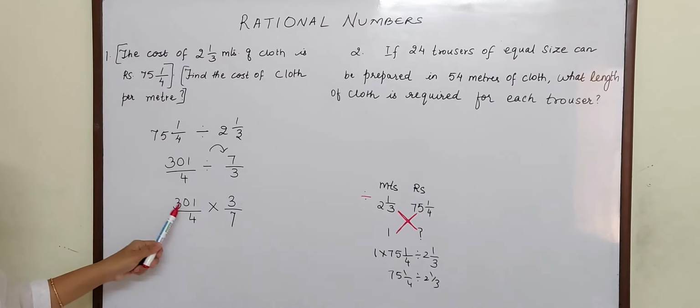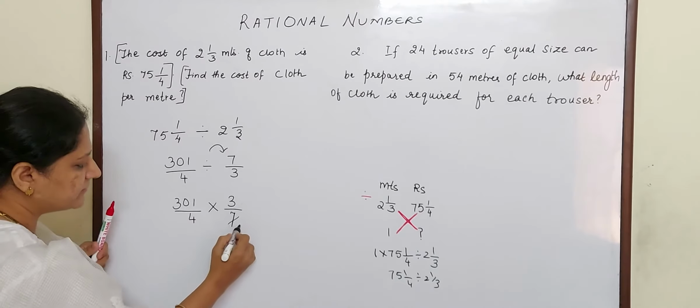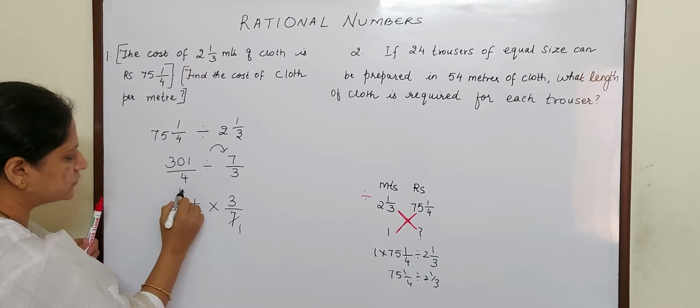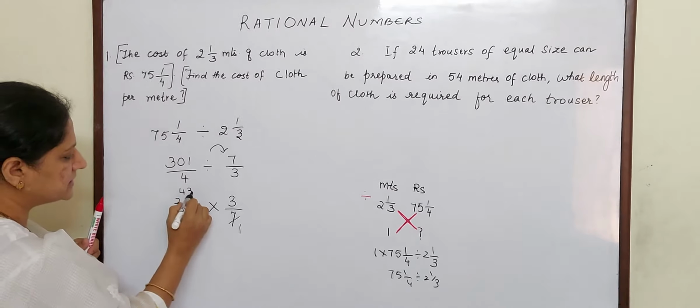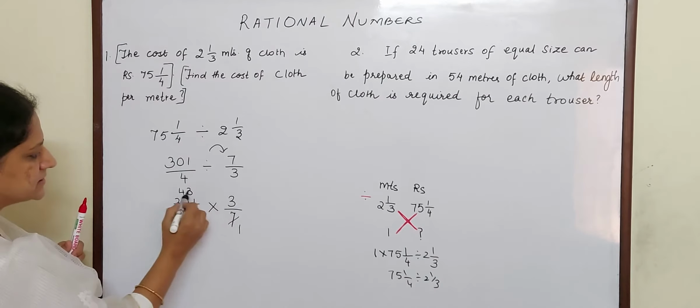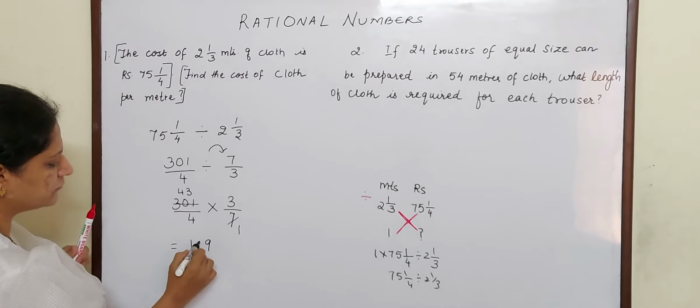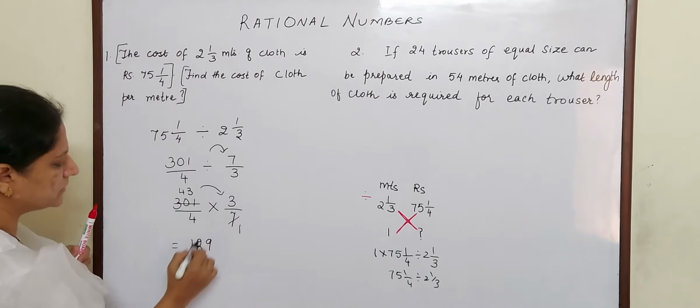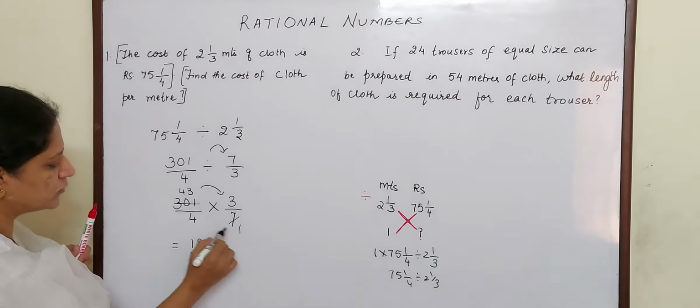So now 301 is a multiple of 7. So 7 4s are 28, 7 3s are 21. So your answer is 3 3s are 9, 3 4s are 12. 43 into 3 divided by 4 is 129/4.